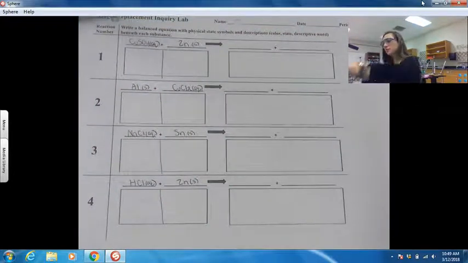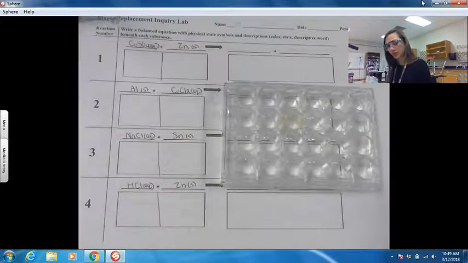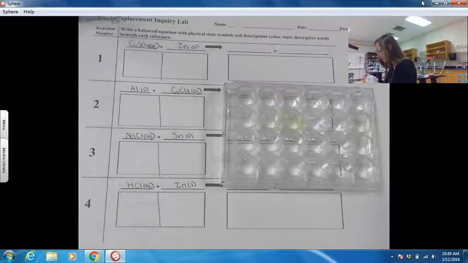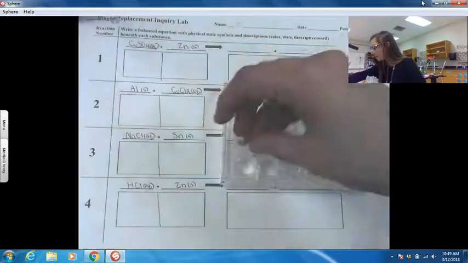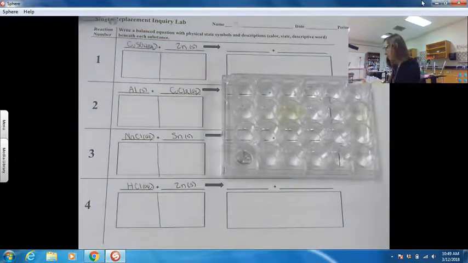So now we're actually going to do these reactions. I'm going to do them for you. We already have our descriptions, and now we'll get to see our products. So the first one that I'm going to do is place a small piece of zinc into the well plate. That was a little too big, that's not going to fit. Okay. And it says put copper sulfate in there.